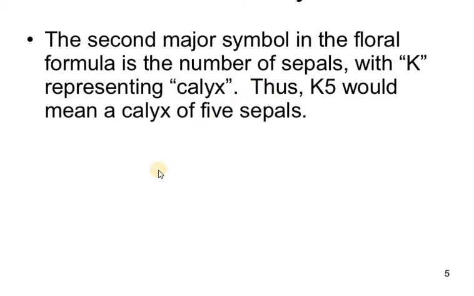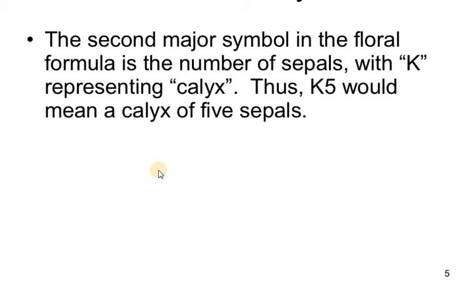The second symbol in a floral formula is K. K represents calyx. After K, the number of sepals is represented by a digit. For example, K5 means 5 sepals, and K3 means 3 sepals.